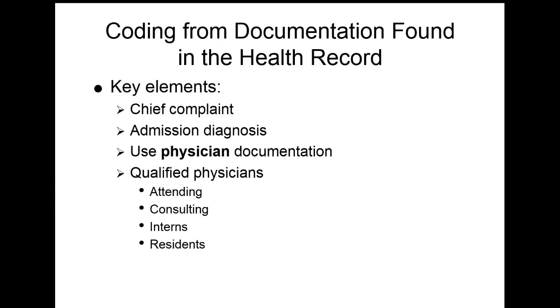There's also documentation that the patient's waiting for a liver transplant, and that this patient does have a history of cirrhosis and hepatitis C. But in one of the progress notes, it says cirrhosis, hepatitis C, end-stage kidney disease, but there's no documentation anywhere in that chart that the patient has end-stage kidney disease. So this is probably just an error on the part of the physician, and you would generate a query asking the physician to clarify that documentation.